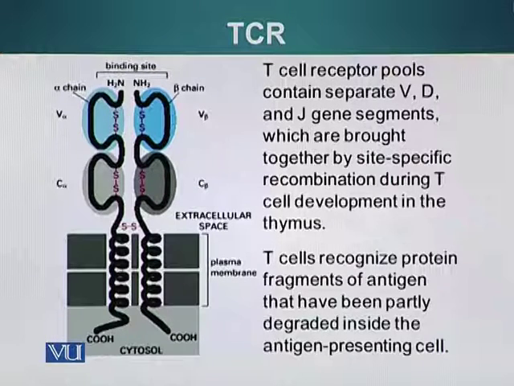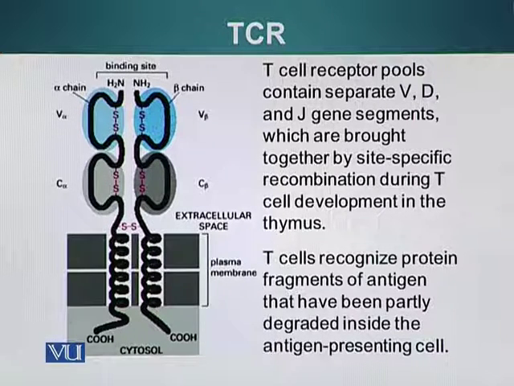The T cell receptor is also responsible for recognizing several different antigens being displayed with the help of MHC molecules. So we also have to have large diversity of these molecules.